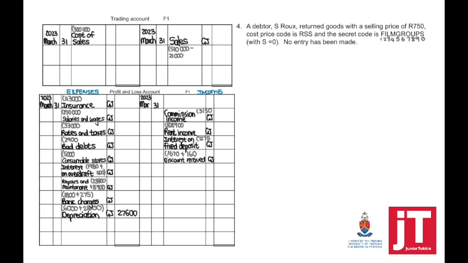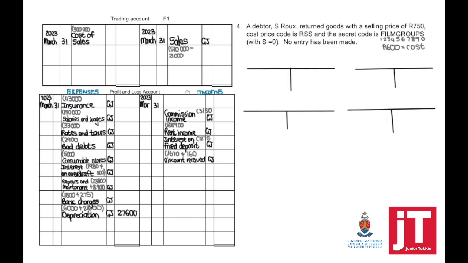They specifically said the first letter, the S, which is the last letter, equals 0, which means that the first letter will start with number 1. So all we now need to do is find out the cost, which means R equals 6 and SS is 0, 0, which means that the cost was 600.